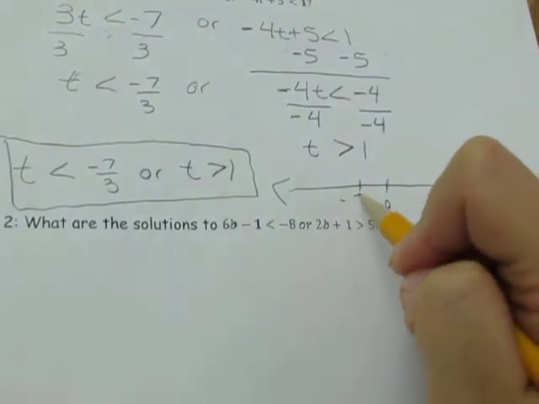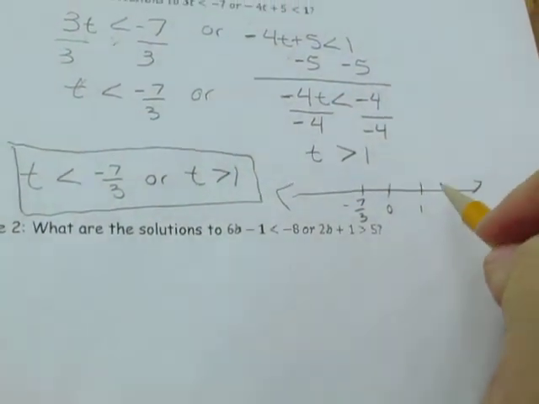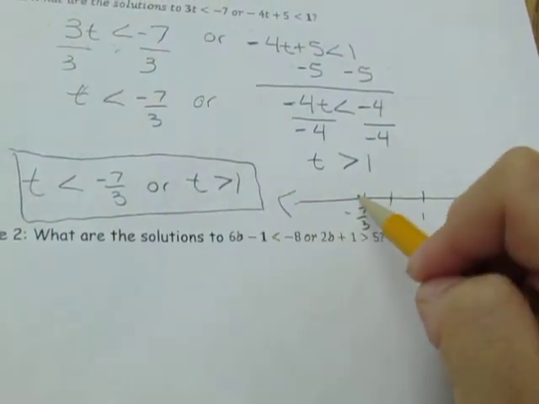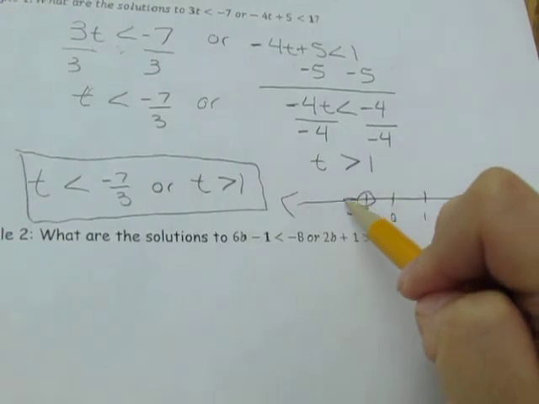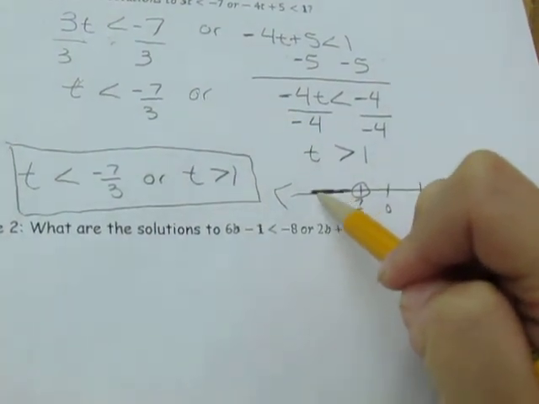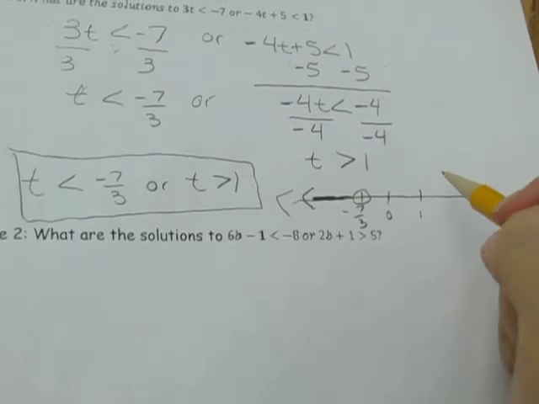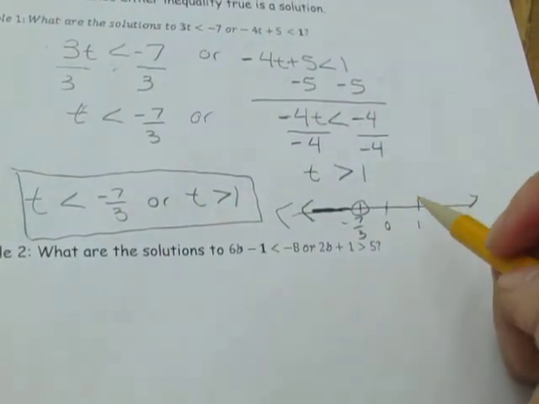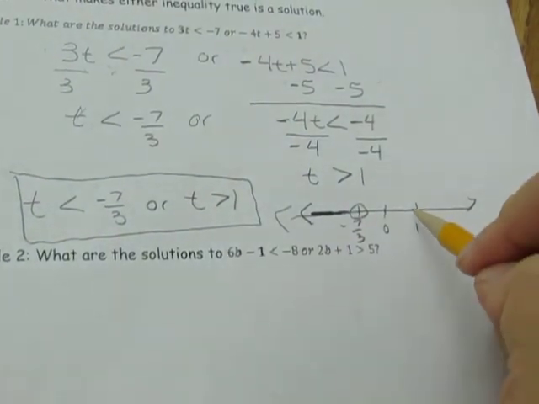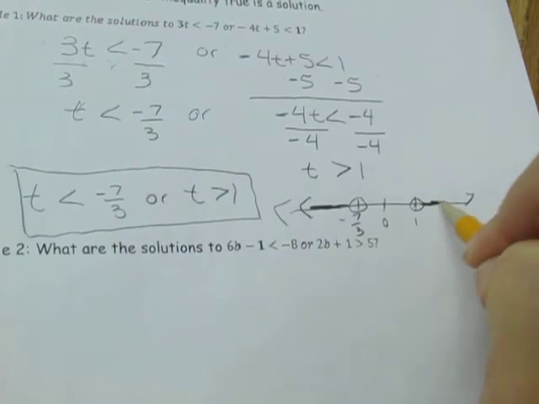Here's my -7/3, and here's my 1. For my t is less than -7/3, it's going to be an open circle. Less than -7/3, so I'm going to shade to the left. T is greater than 1 as the other part of my solution, so it's going to be an open circle, and I'm going to shade to the right.